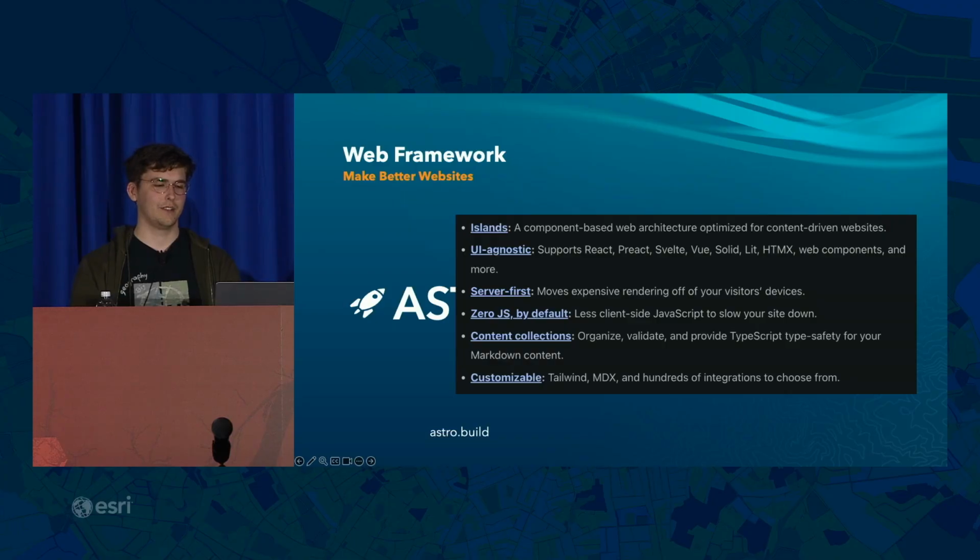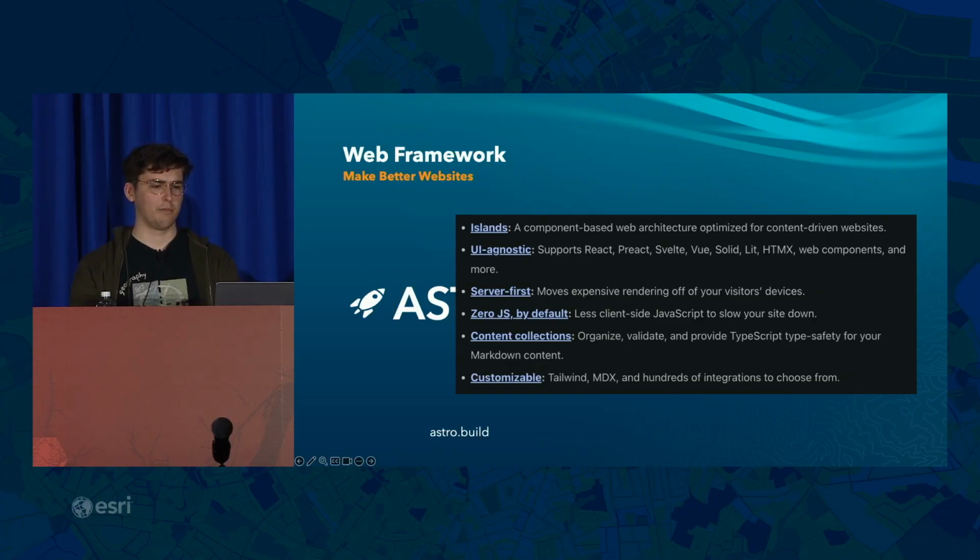And another issue is historically these web frameworks are very server first. And if you've ever worked with the Maps SDK, we actually have a lot of client-side interactions. So these server first frameworks don't always feel like they fit the needs of some of our more client-side single-page applications.